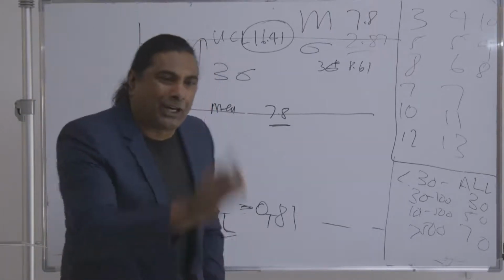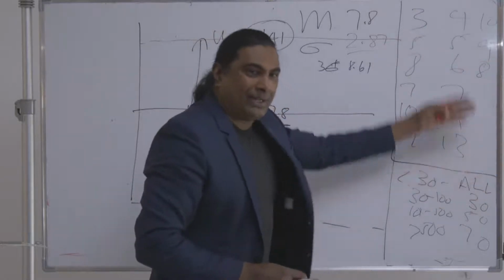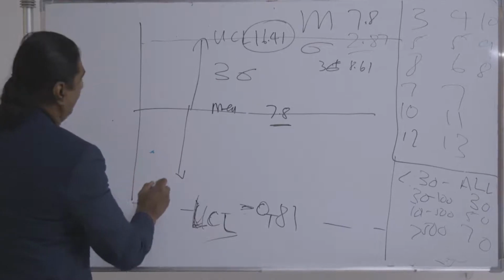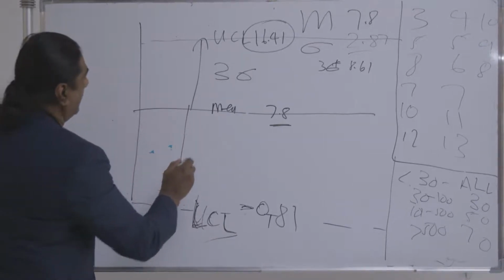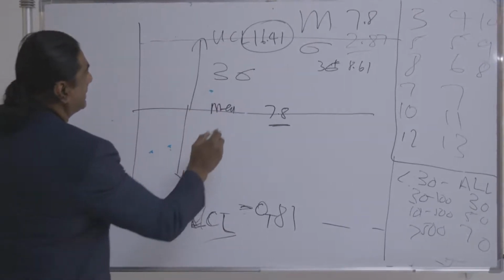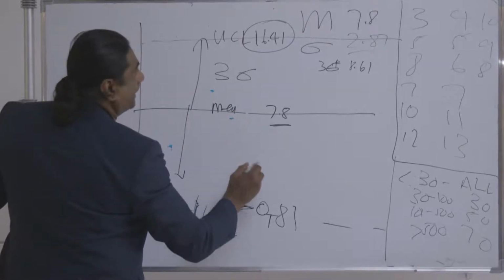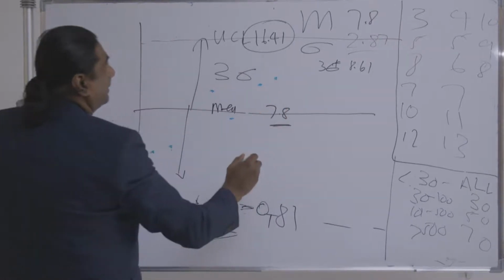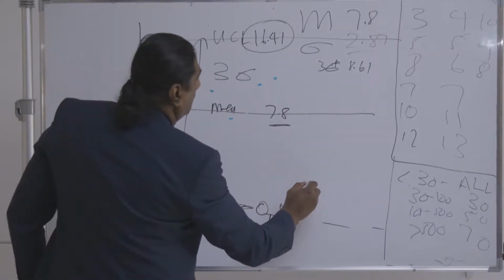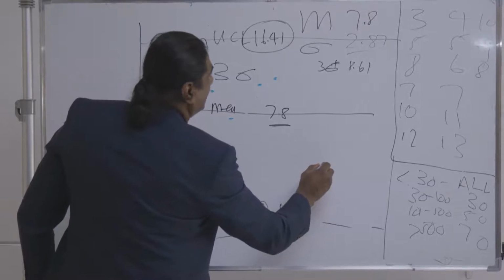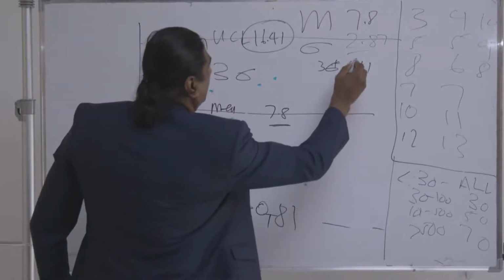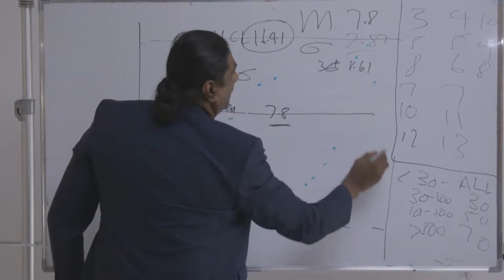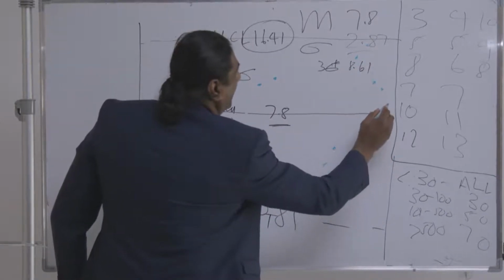We take these 12 numbers and we start putting them: 3, 5, 8, 7, 10, 12, 4, 5, 6, 7, 11, 13, 10, 9, and 8.